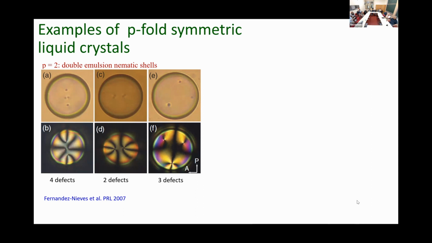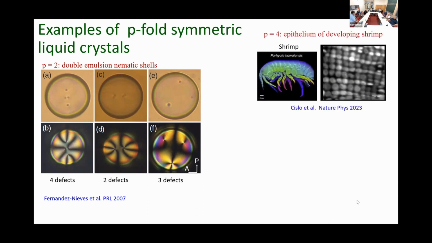This is a nematic. Another example, which is non-nematic or polar, is the epithelium of a developing shrimp. As the cells divide, they establish and then maintain this fourfold or quadratic order. So this looks like squares.